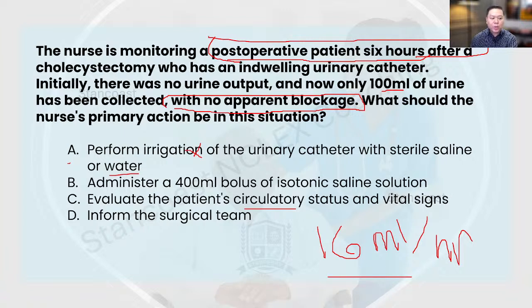We use normal saline. Okay? Not sterile water, because it doesn't have the same tonicity as the body tissues and fluids. It can cause transfer of the sterile water into the body tissues because sterile water is a hypotonic solution, whereas the saline solution is isotonic.